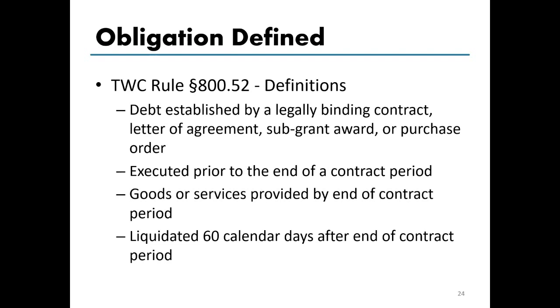Again, that falls back into having a service date within your grant period. Also, you should expect to liquidate within 60 calendar days after the end of the contract period. The reason for that is that it's consistent with the closeout period that is hard-coded in the cash draw and expenditure reporting system.